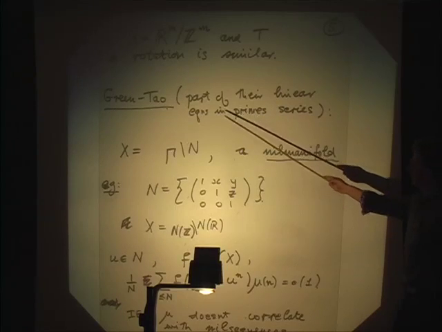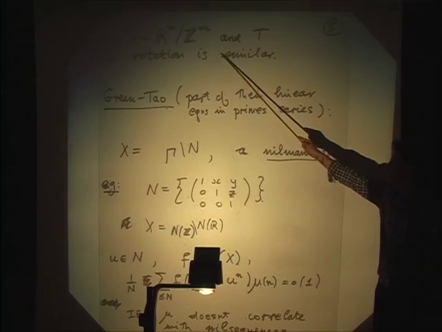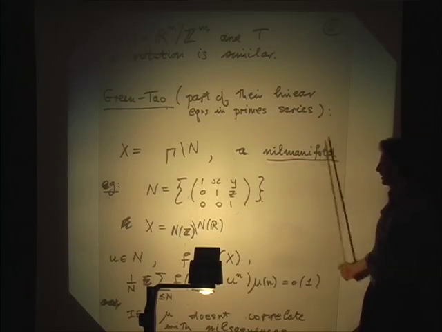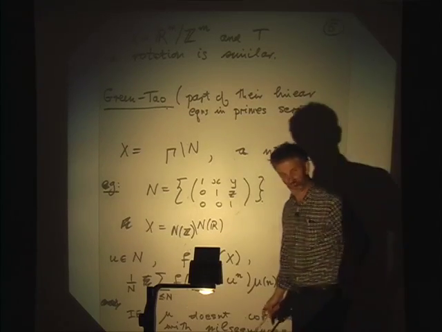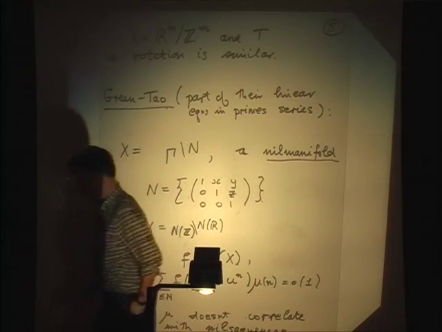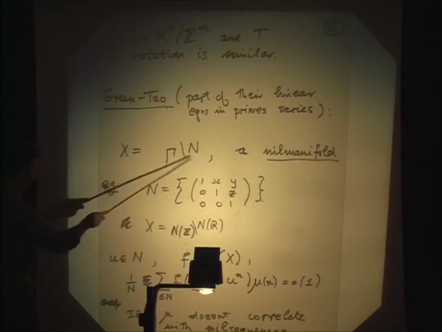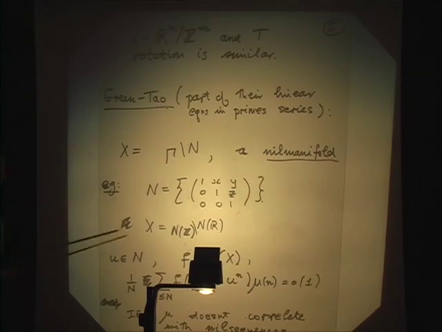So Green and Tao generalized this Vinogradov method, I'll say a few words about that too, to a nil manifold. That's a remarkable generalization. It's not that difficult, but it's 2 of a series of 5 papers that they're writing. It's the most recent 2, and that's what they've been lecturing on in the last year. A nil manifold, I'll explain in a minute why they're interested in that, is something that's very close to a torus.